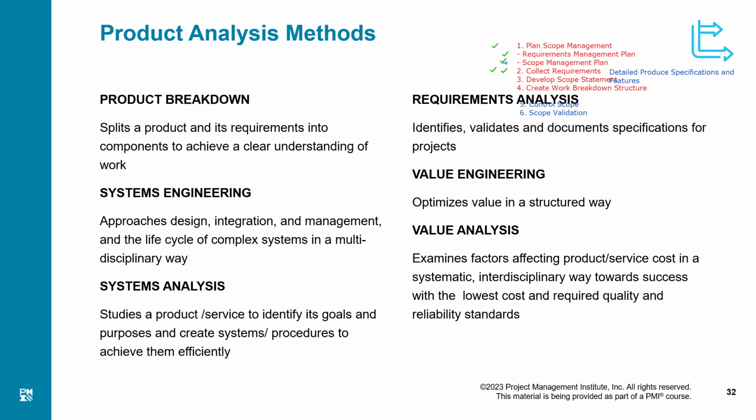This is a complete science in itself. How can we do that? Are we really doing it? Are we just following the line which has been given to us? A project manager's responsibility, or for that matter even the product manager's responsibility, would be to optimize value in a structured way. That is the whole discipline of value engineering.